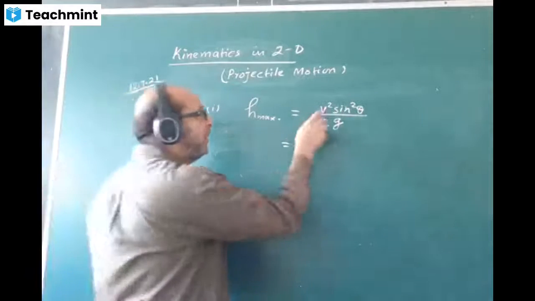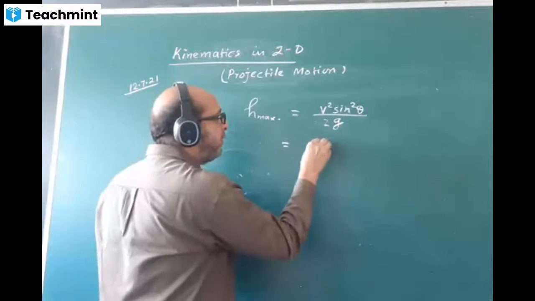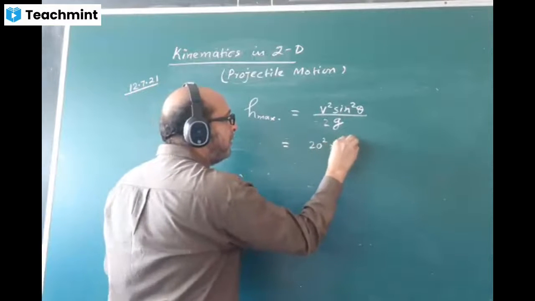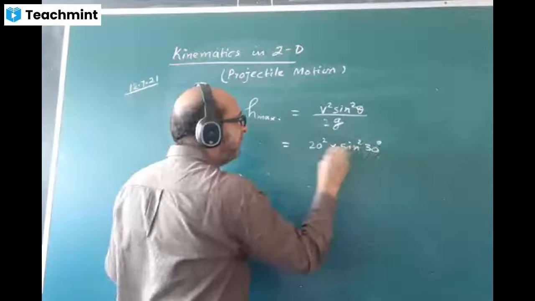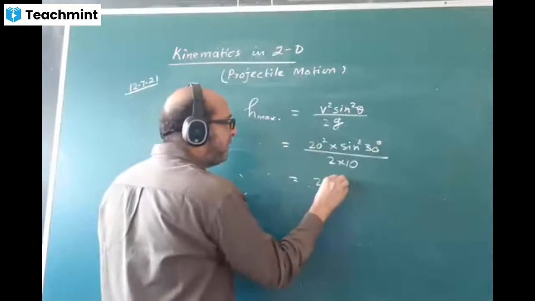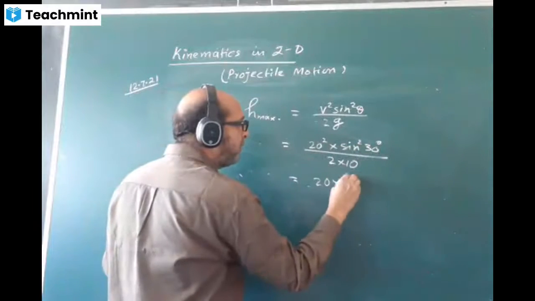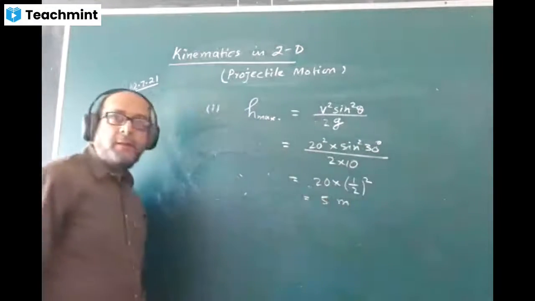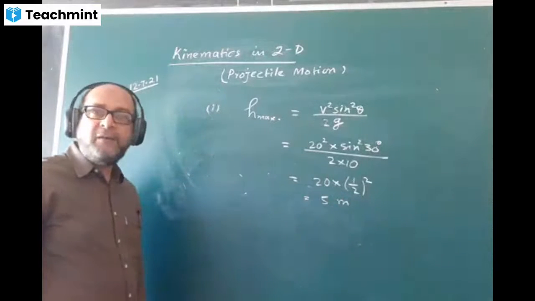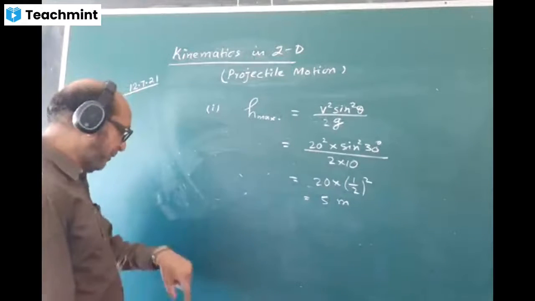Now I put the value: 20 square into sin square 30 degrees upon 2 into 10. 20 will cancel, you get 20. Sin 30 is 1 by 2, so 1 by 2 square. The answer is coming 5 meter. The body will be reaching a height of 5 meter. That is the answer for the first part.